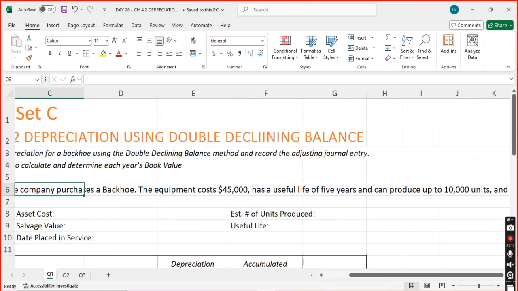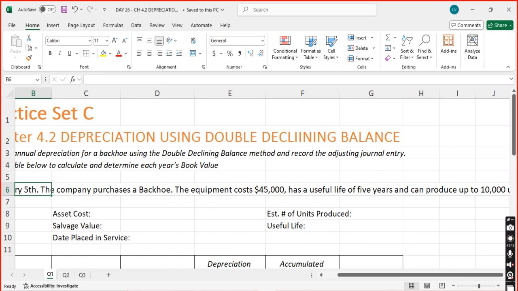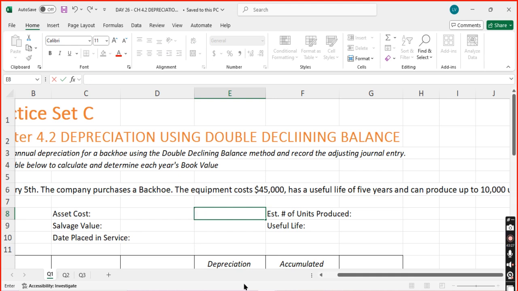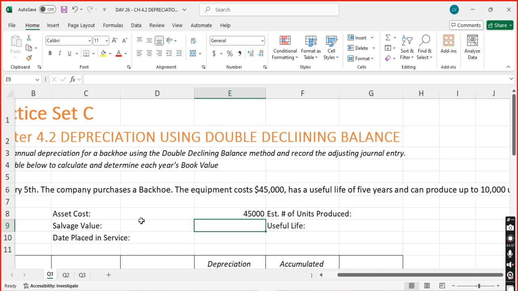So first things first, let's determine the 5 components. The first one is, what is my asset cost? The asset cost is $45,000. Good. What is my salvage value? What did we say will be the end of its life?